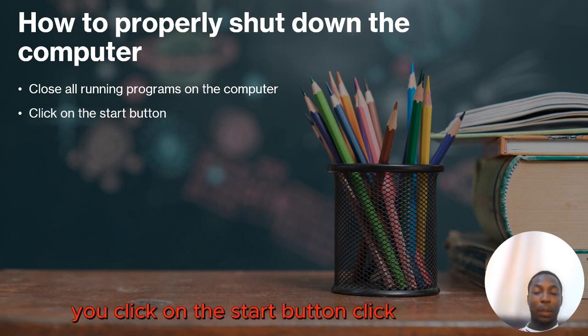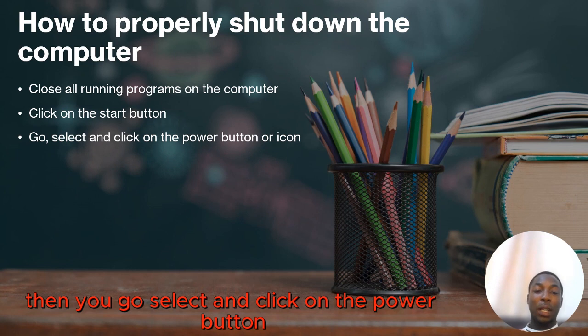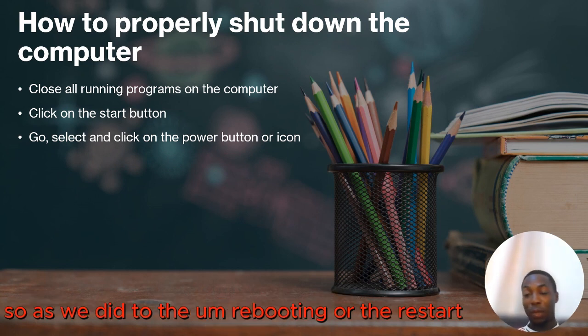Then you click on the start button, left click, or you press the Windows key on the keyboard, then you select and click on the power button, as we did for the restart.